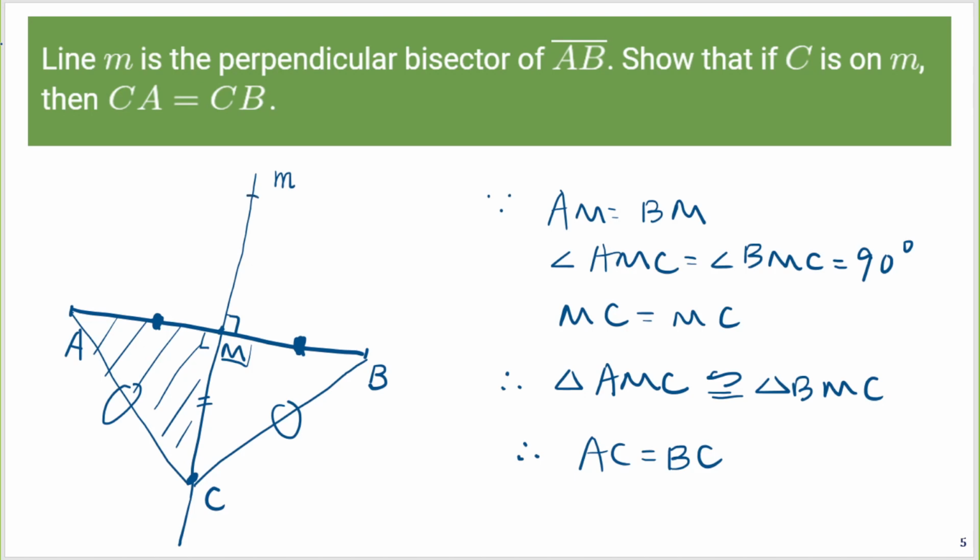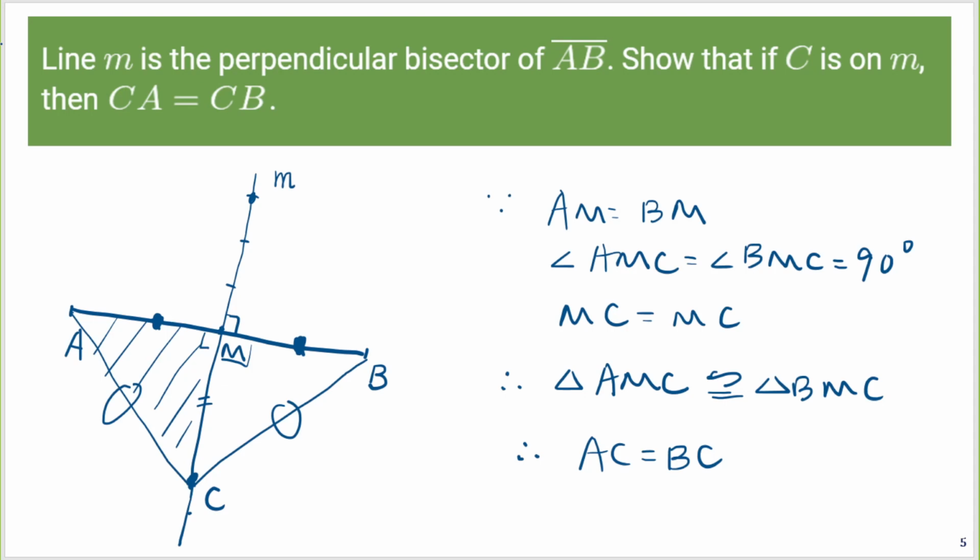For example, if C is here, here, here, here, or here, the statement is also true, right? So that is an important property of the perpendicular bisector. Any point on the perpendicular bisector of a segment is equidistant from the endpoints of the given segment.